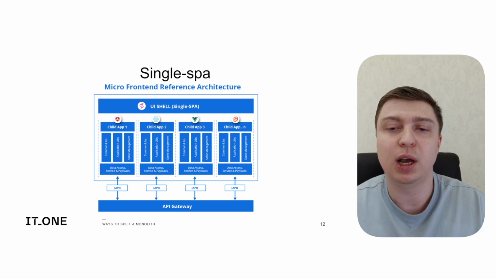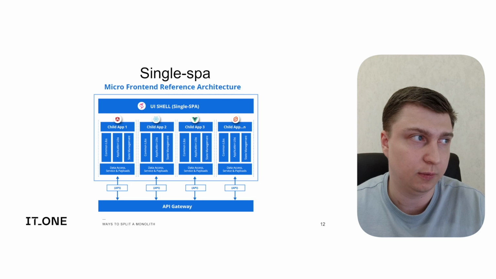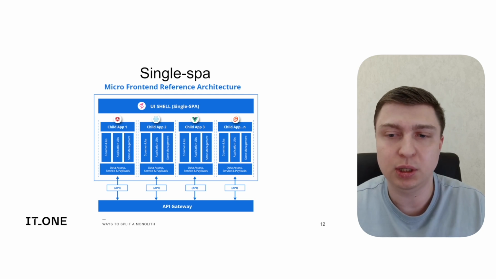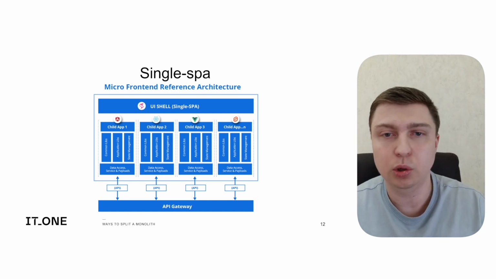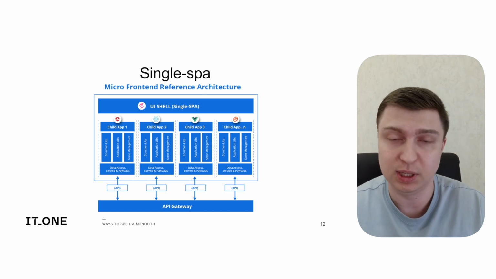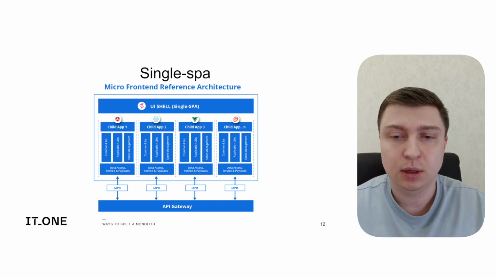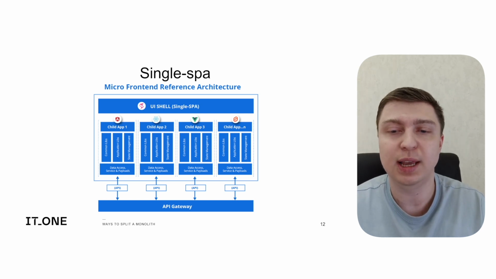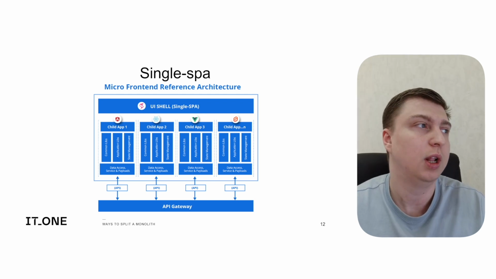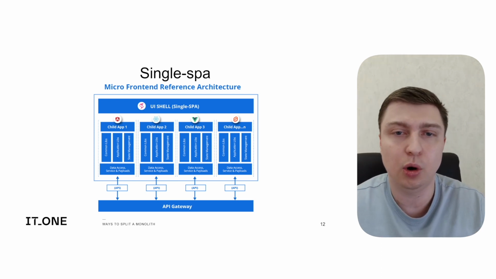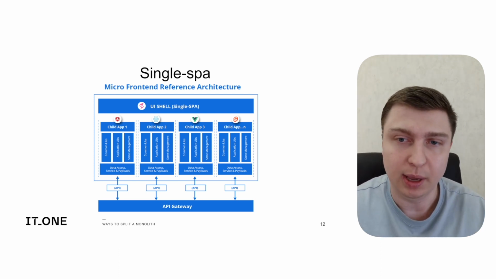It also allows us to use application lifecycle methods, for example, load, mount, unmount, so you can create your logic on lifecycle hooks of this application. And it also allows you to set a config that will control which applications should be loaded on which routes. For example, on one route you load one application, on another route you load another application.